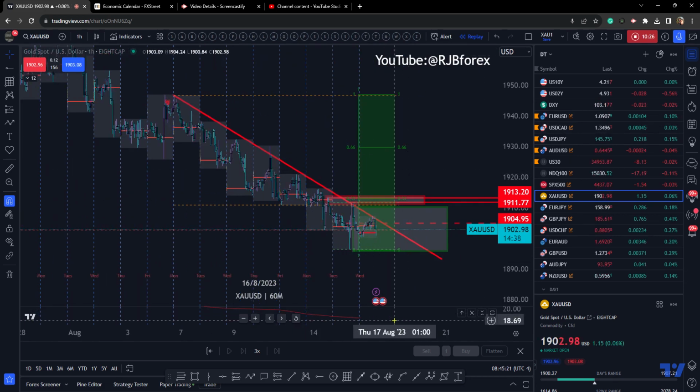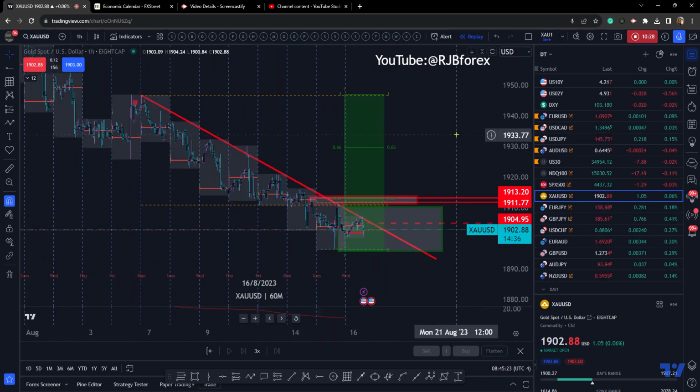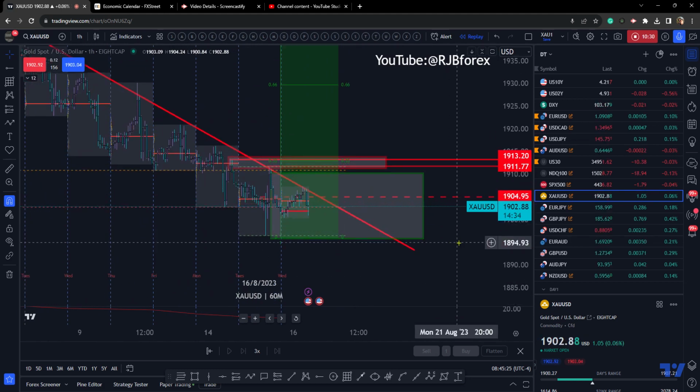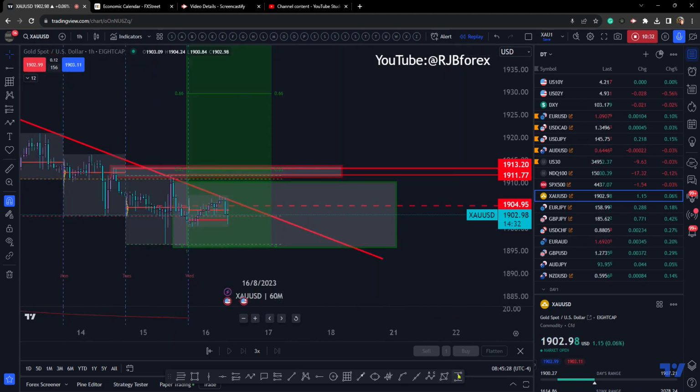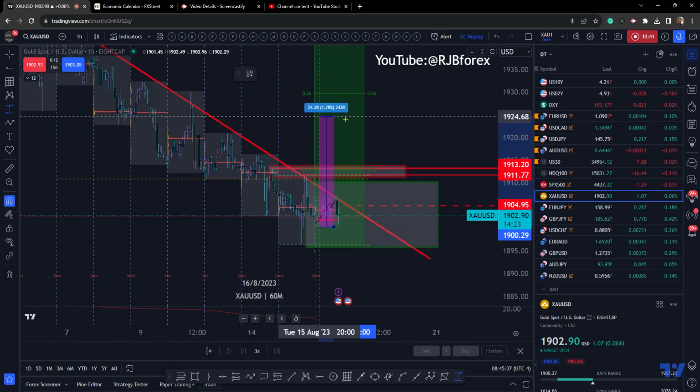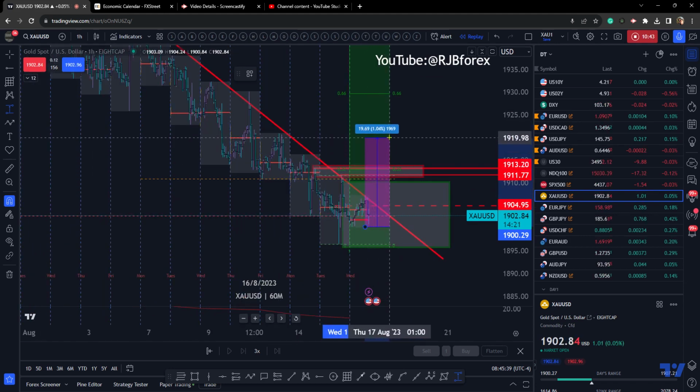I mean, the daily ATR is about $20. So $20 would take us from today's low up into the second level and up into Friday's highs.